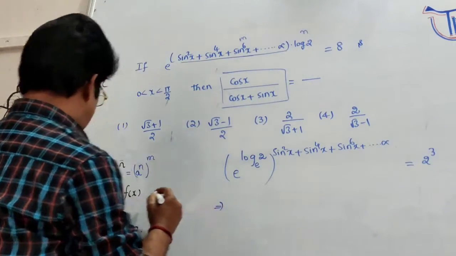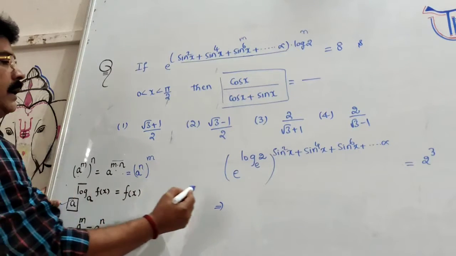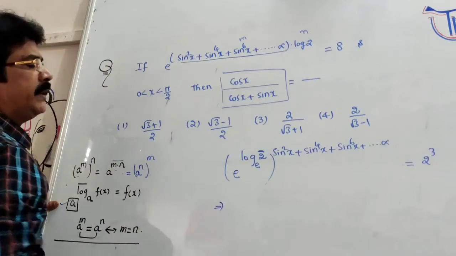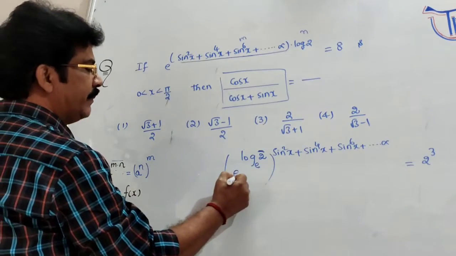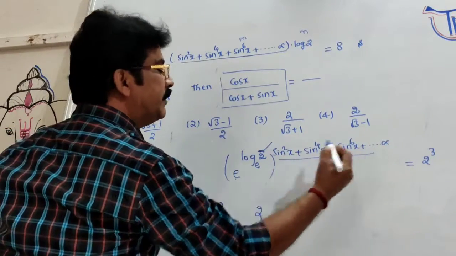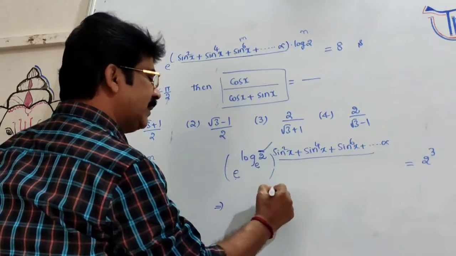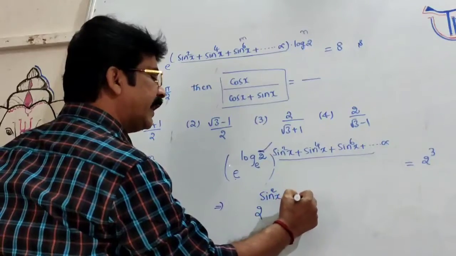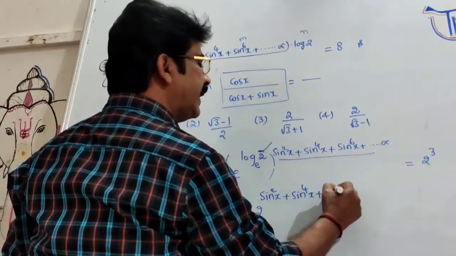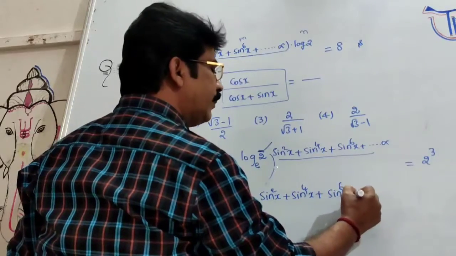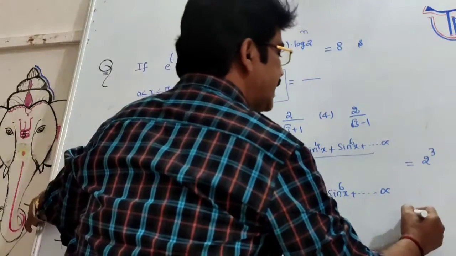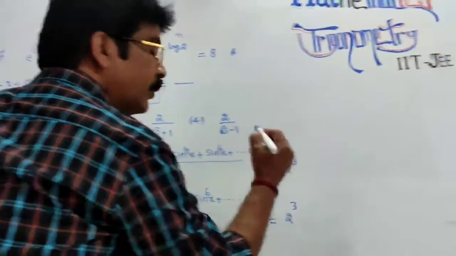That implies, using this formula, a to the power of log f of x to the base a, the bases are the same, so its value is simply 2. 2 to the power of, this is the power, sin square x plus sin to the power of 4x plus sin to the power of 6x plus and so on. It is an infinite series. So that is equal to 2 cubed.